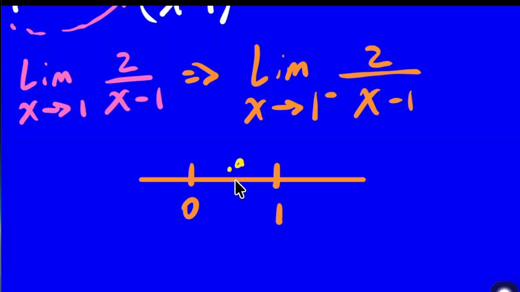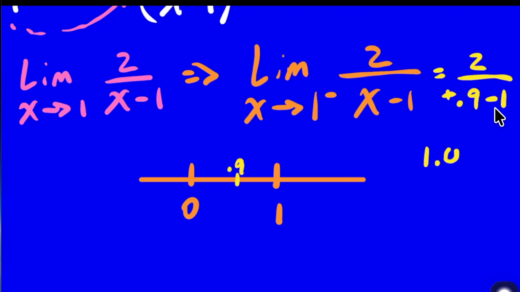for x. Okay, so if we plug in 0.9 for x, we're going to have on the bottom 2 divided by 0.9 minus 1. Okay, when the signs are different and you're doing subtraction, you do big minus the small, and then you take the sign of the larger number. So here, the big is the 1, the small is the 0.9. If we do big minus small, we're going to get 0.1, and we're going to use the negative because the 1 is bigger.